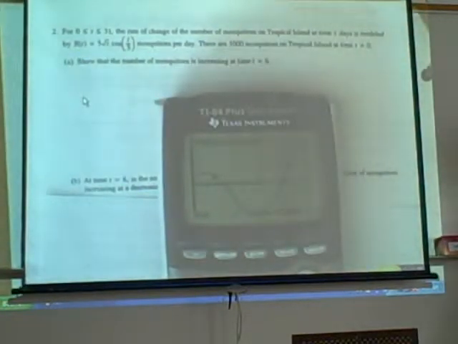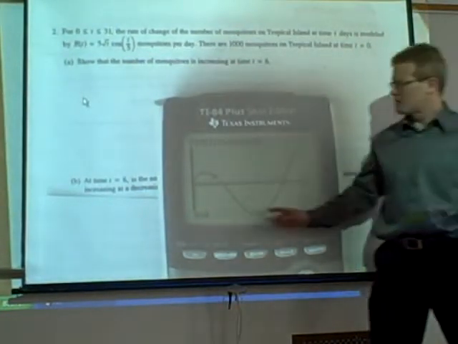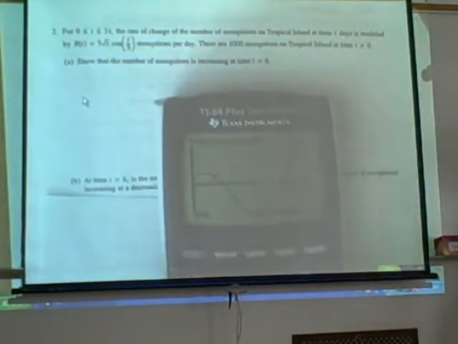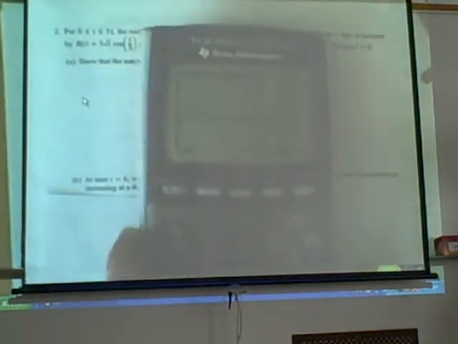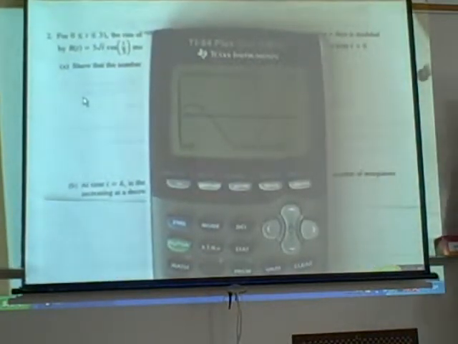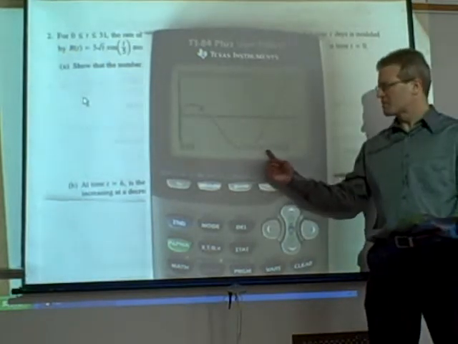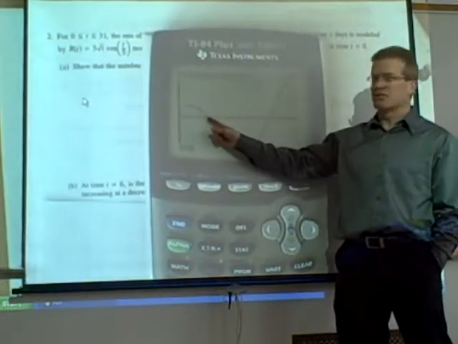So, the number of mosquitoes is definitely increasing by about 5 mosquitoes per day. Was it increasing at an increasing rate or increasing at a decreasing rate? What do you think? Increasing at a decrease. Right, it's increasing because this is a positive number, but the rate is decreasing. Let me show you.